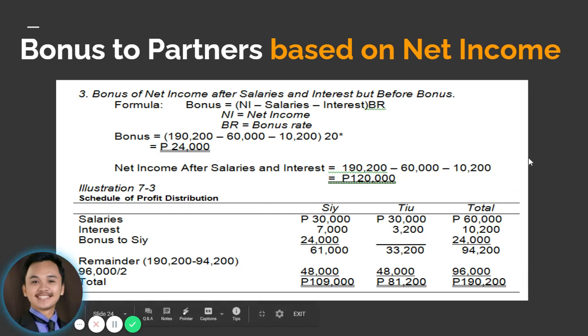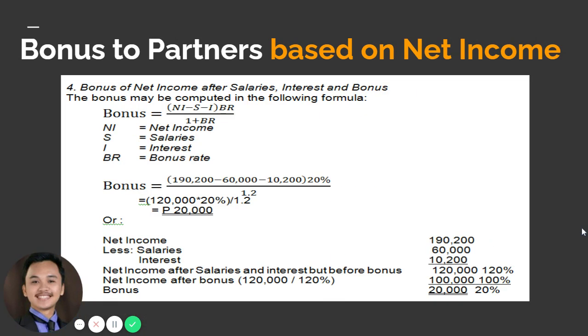But the process will just be the same. So in total, from the 190,200 net income, what will be given to C will be 109,000 and for Chu will be 81,200.